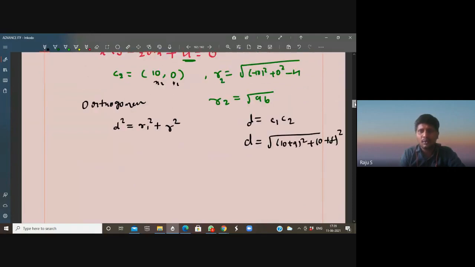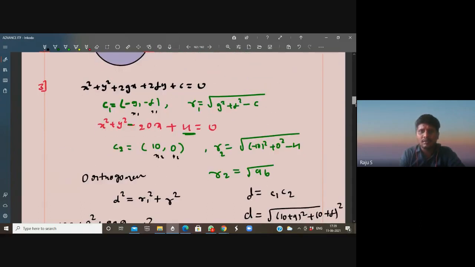Now substitute all values here. Finally the d square value we are going to get: d square means 100 plus g square plus 20g plus f square, which is equal to r1 square.